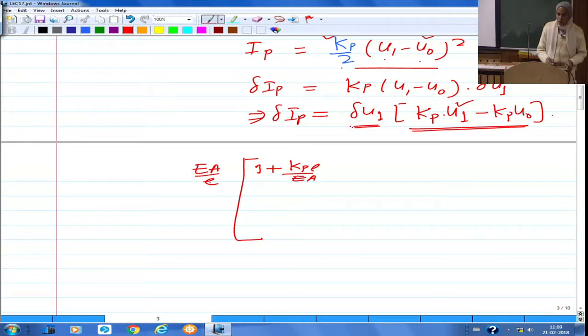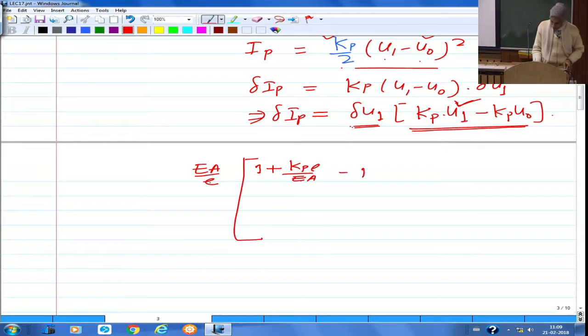So this will actually be added here in the equations, because this is with delta U1 in the first row, this is U1 in the first column. So this term is added because I have EA by L common, so I have multiplied here L upon EA. When you take it inside, it basically gets Kp. So EA by L plus Kp, that is what you will be getting here finally.